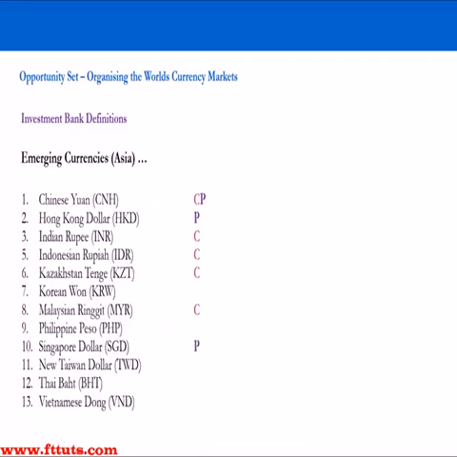Again, we're doing this because we know as professional traders that it doesn't matter how big a country is, how big a currency is. It's really what matters is really the volatility of the asset itself.